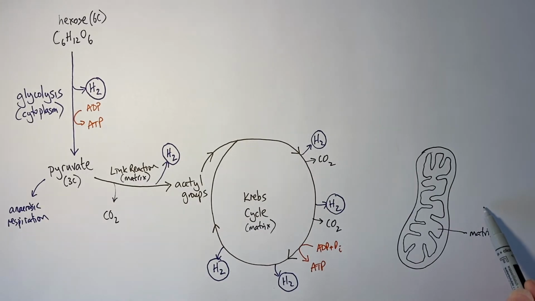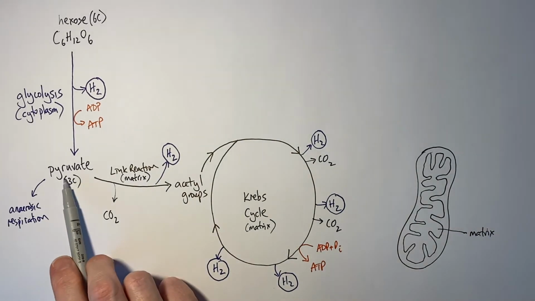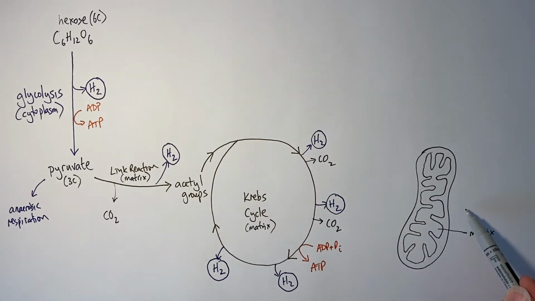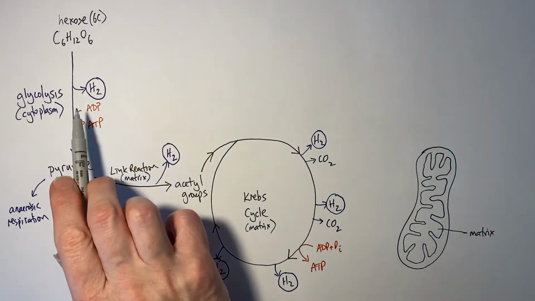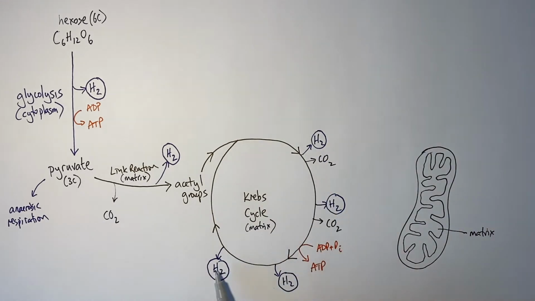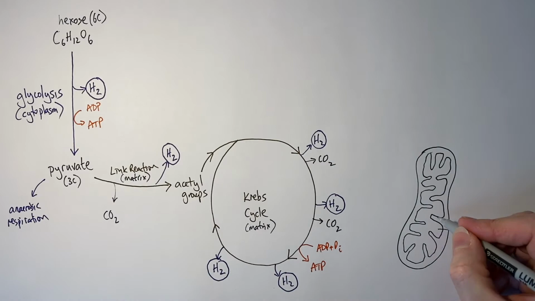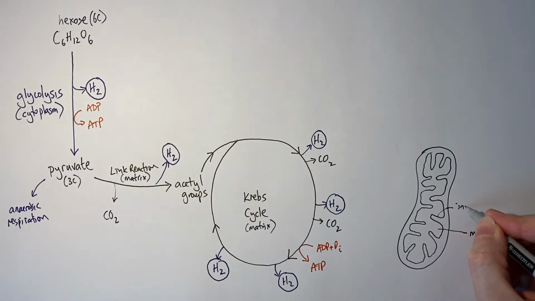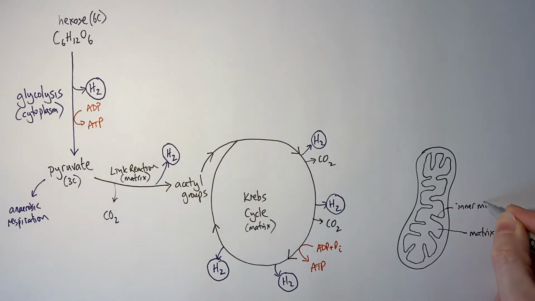So the cytoplasm is outside here. Glycolysis is taking place. We get pyruvate made. That pyruvate moves into the matrix of the mitochondria. Throughout these locations, we have hydrogen being released. And they are moved to the inner mitochondrial membrane.